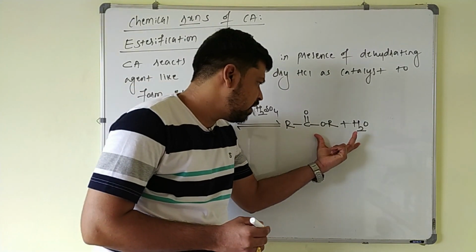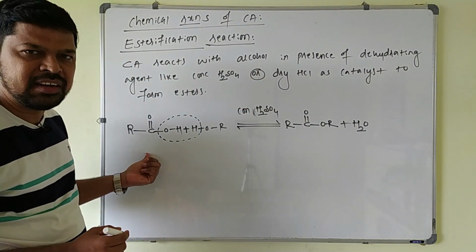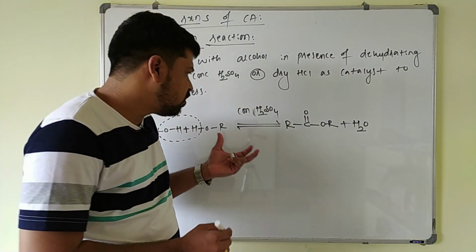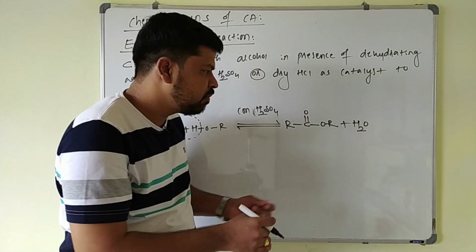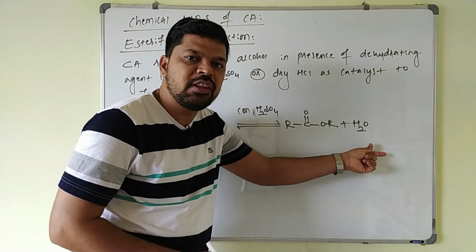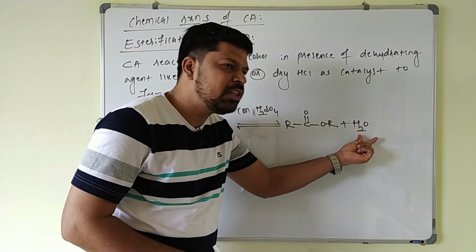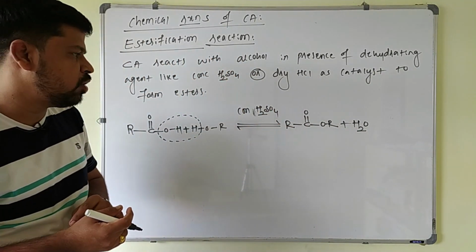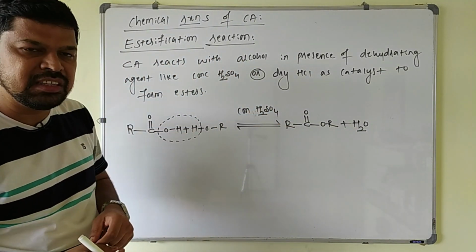And a very important point is that this esterification reaction is reversible in nature. Again these two products will combine together to give back reactants. Hence, in order to shift the equilibrium towards the right hand side, this water must be removed soon after the formation. That's why in order to remove this water, we are using what? Concentrated H2SO4, that is a dehydrating agent here.